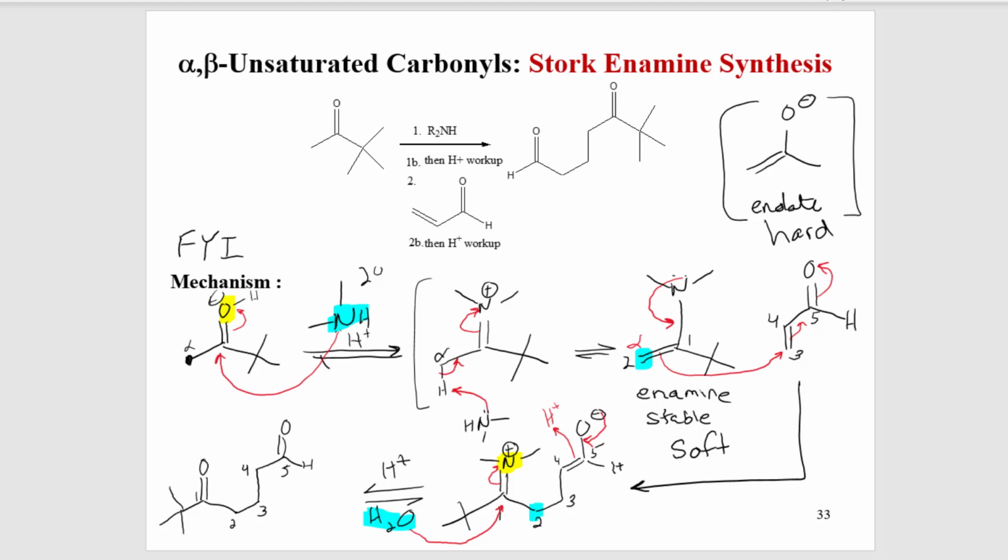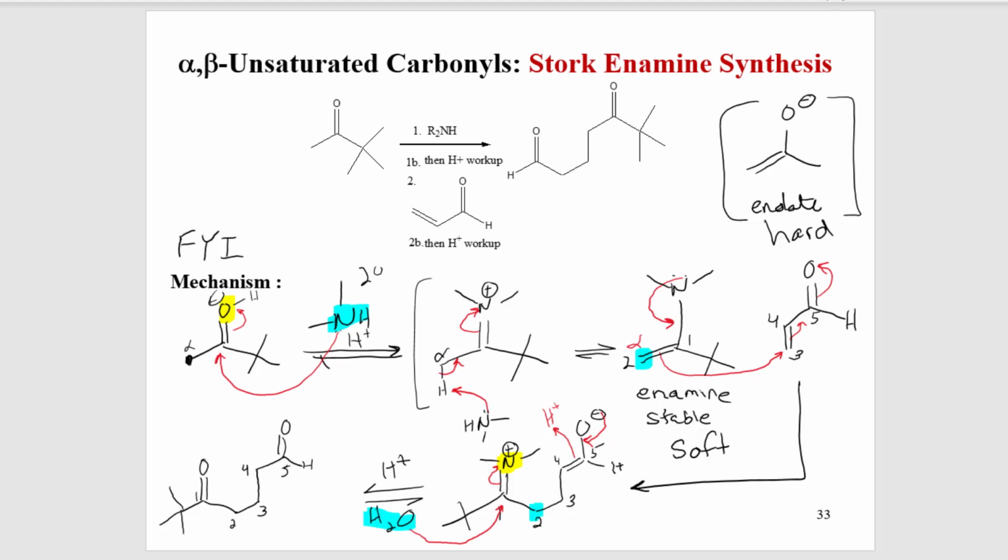So what it looks like is that we added an enolate to a beta position, when really we tricked it into going there because we had to make it soft. Enolates, by nature, are hard nucleophiles. So you can use an enamine if you want your enolate to attack at the beta position, but then you have to convert the enamine, or the iminium system you end up with, back to a carbonyl to make it look like that was what you did all along.